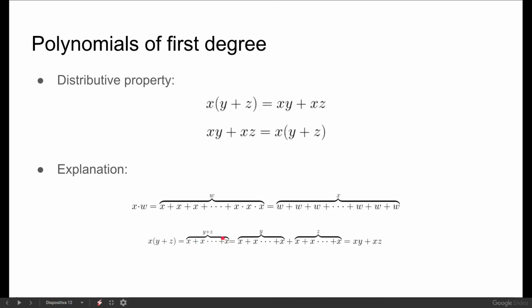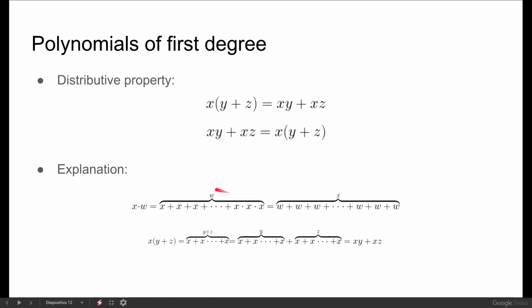Now, if we have this expression that is just y plus c terms adding up one after another, we could write them as the first y terms plus the last c terms. And these two expressions are exactly the same. I'm just noting that I could separate these terms into the first y terms and the last c terms.